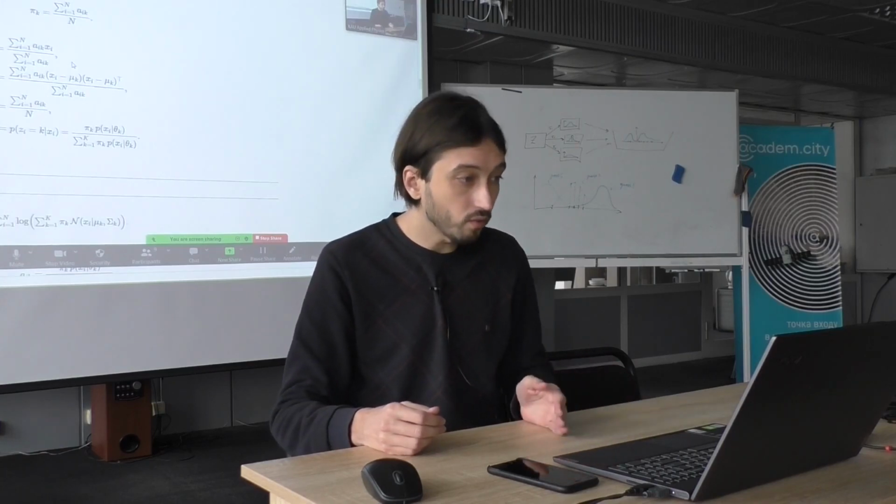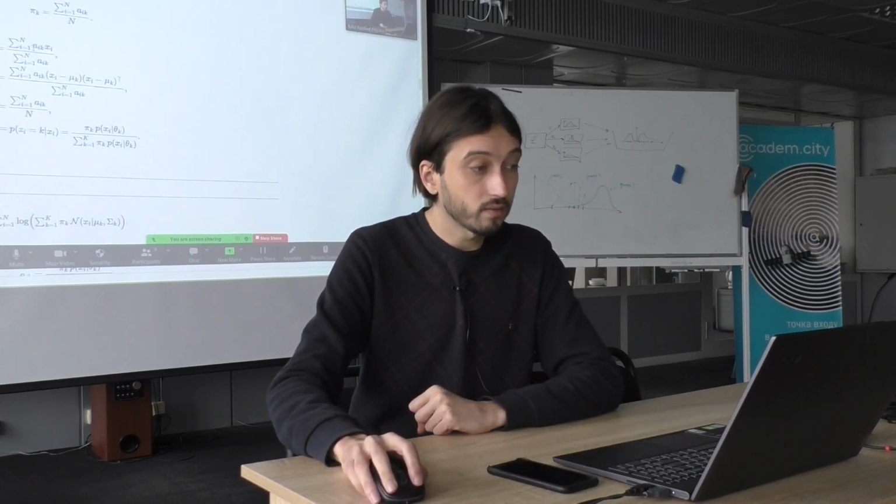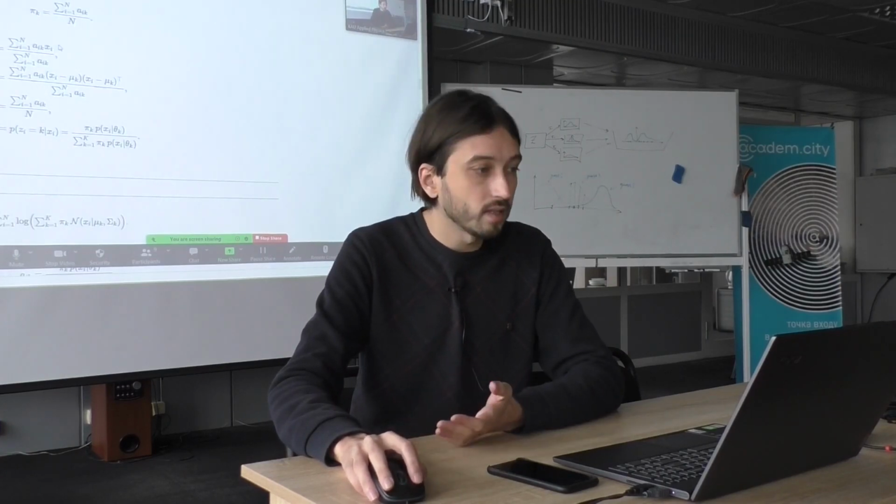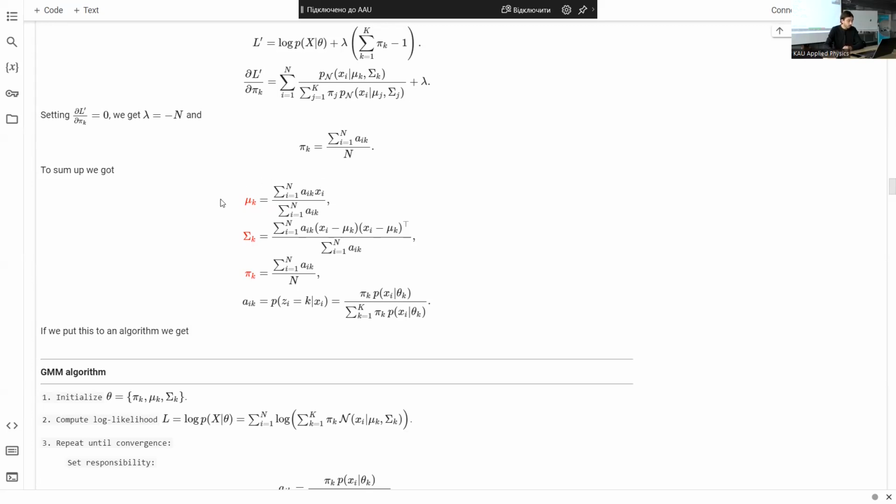So if for some reason I have a table that prescribes me different points to different distributions with some sort of probabilities, so I'm saying point number 1 has 90% probability of being from distribution number 1 and has 5% probability of being from distribution number 2, so on and so forth, this is enough to calculate my mu k, because x_i I have, that's my data set. If I have mu k and a_ik, that's enough to calculate the sigmas.